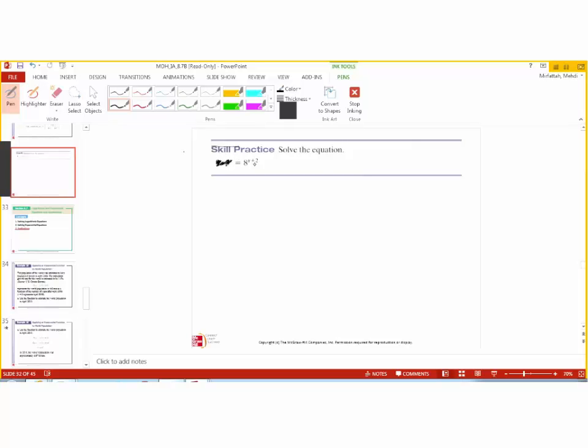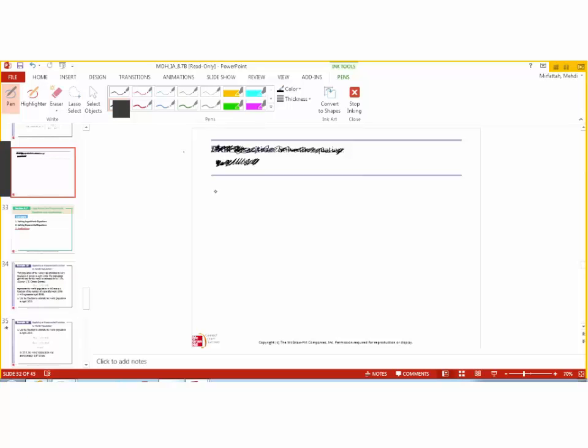What we're going to do is review all the properties that we got for logarithm. Just find a blank page. All right, there it is.